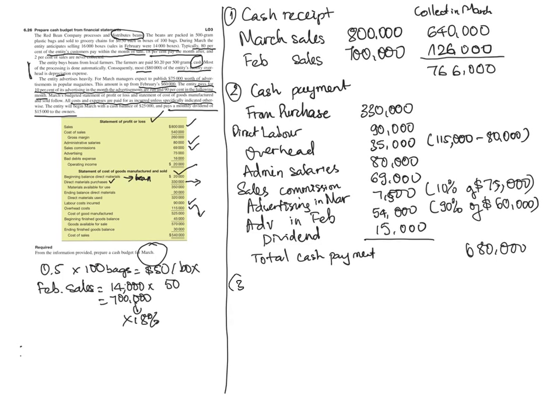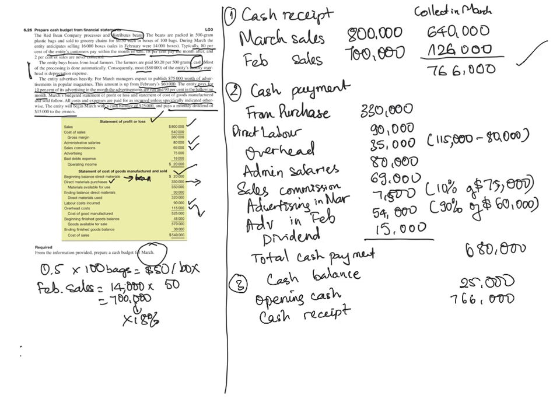And now number 3 would be cash balance. To calculate the cash balance, you know that you have opening cash, which is 25,000, and you have cash receipts, which is here 766,000, and then you have total cash available.